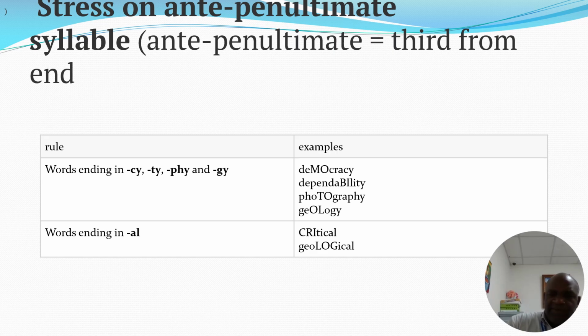Another example is when the stress is on the antepenultimate syllable, like words ending in -cy, -ty, and -gy, like democracy, geology, and when the stress is with the ending -al, critical, geological.